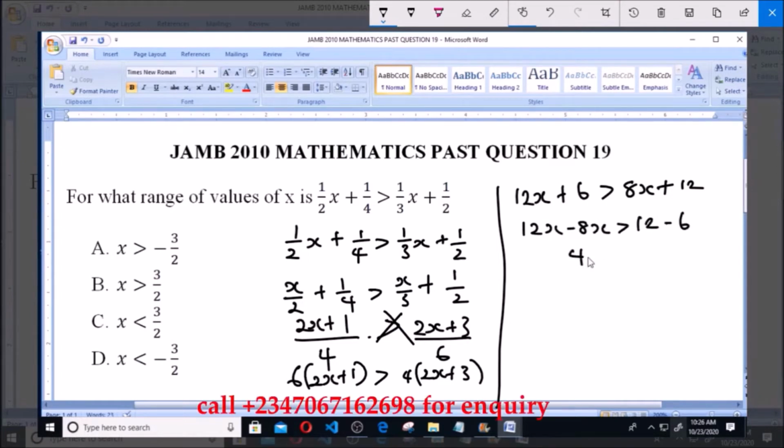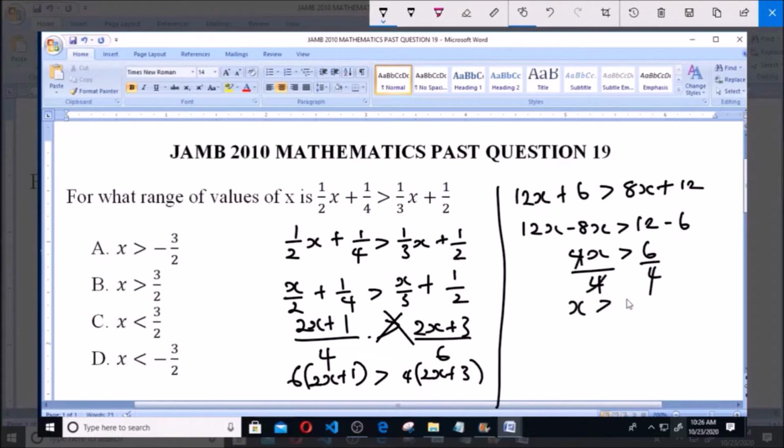So we have 4x greater than 6. Dividing both sides by the coefficient of x, which is 4, we have x is greater than 6 over 4. Simplifying, that means x is greater than 3 over 2, and that is option B, 3 over 2.